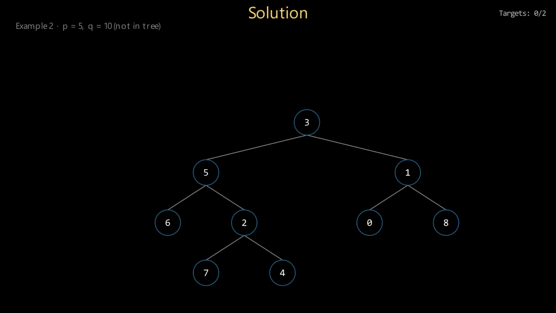Same tree, Q is 10, but no node has value 10. Post-order walk next.